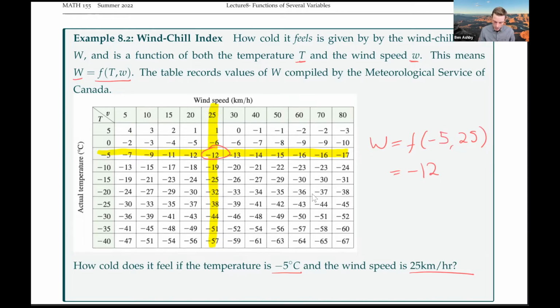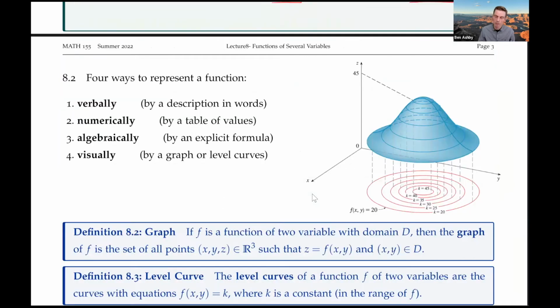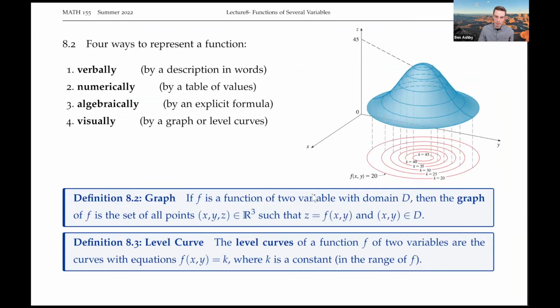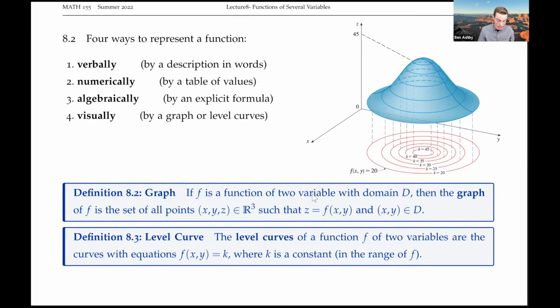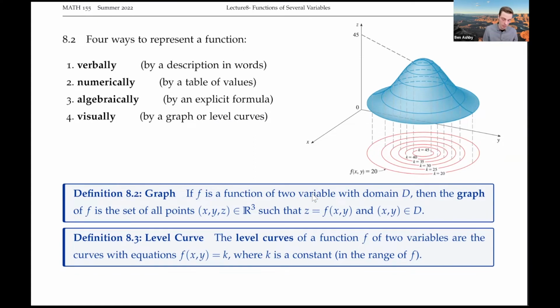So we've already seen a couple of different ways in which we can represent functions of multiple variables. We've just seen on the wind chill example that we can do this numerically by using a table of values. We could also do this algebraically, as with our body mass index formula.